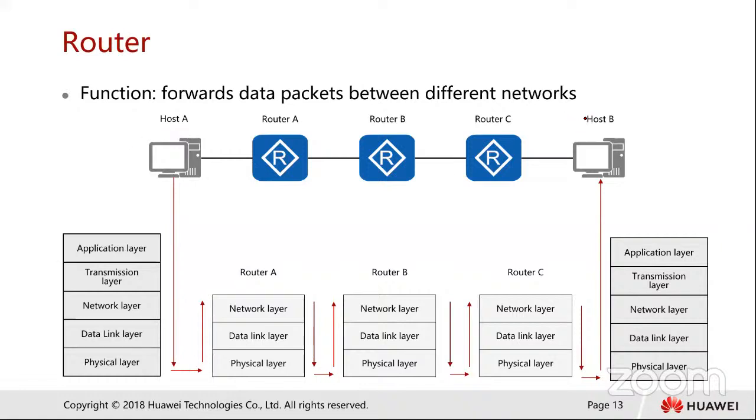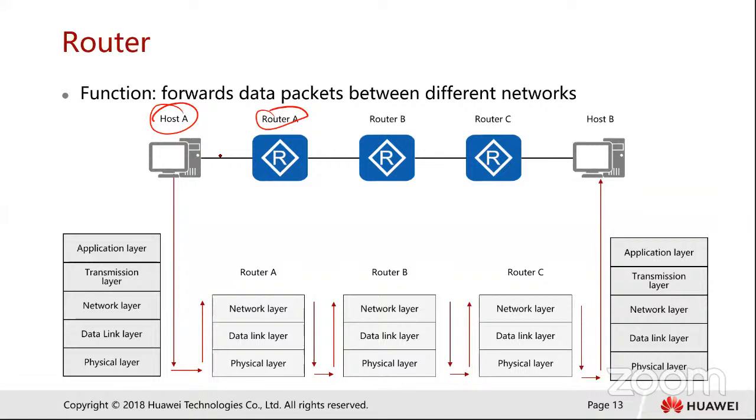So when host A wants to communicate with host B, host A sends a frame to host B. But upon receipt of this frame, our router, which resides on the same network as host A, analyzes the frame. At the data link layer, the router analyzes the frame header and determines the frame is sent to itself.